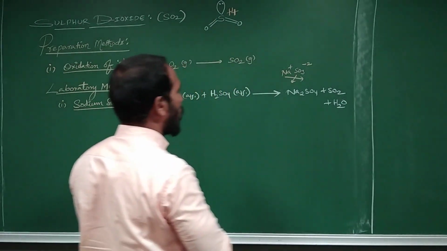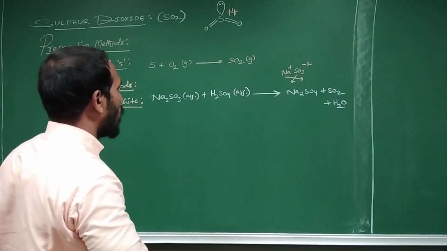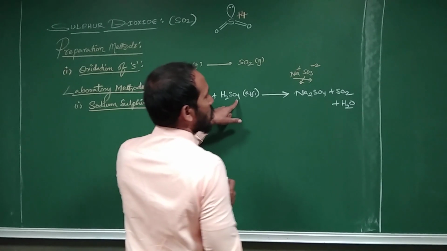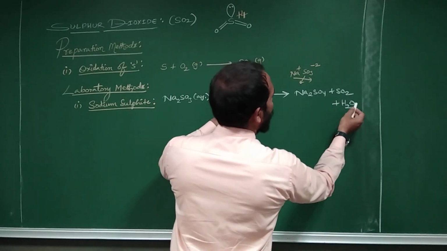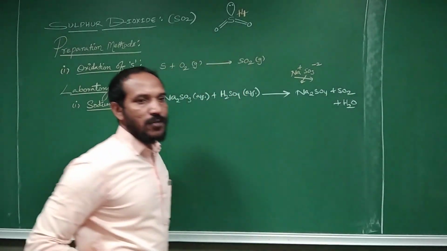So Na2SO3 plus H2SO4 gives Na2SO4 plus H2O plus sulfur dioxide. Three plus four is 7 oxygen, 4 plus 2 is 6 plus 1 is 7. 2 hydrogen, everything is balanced.